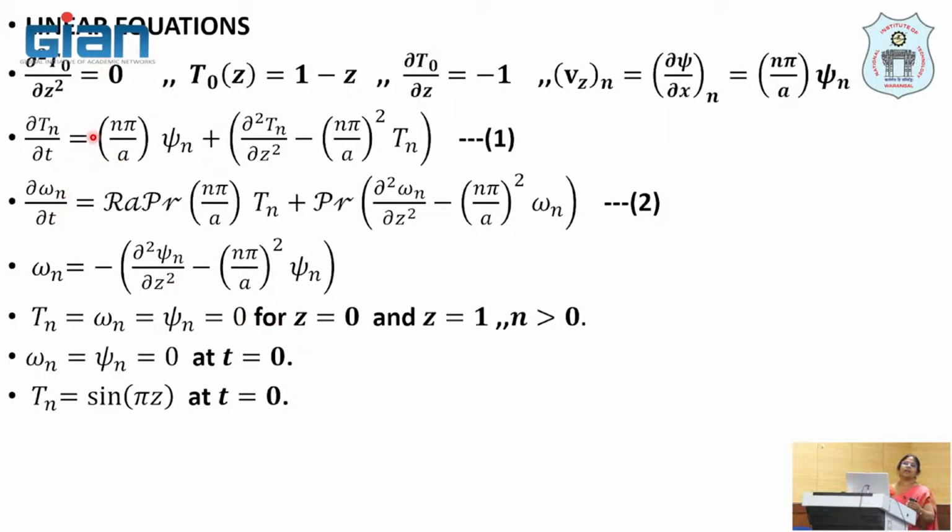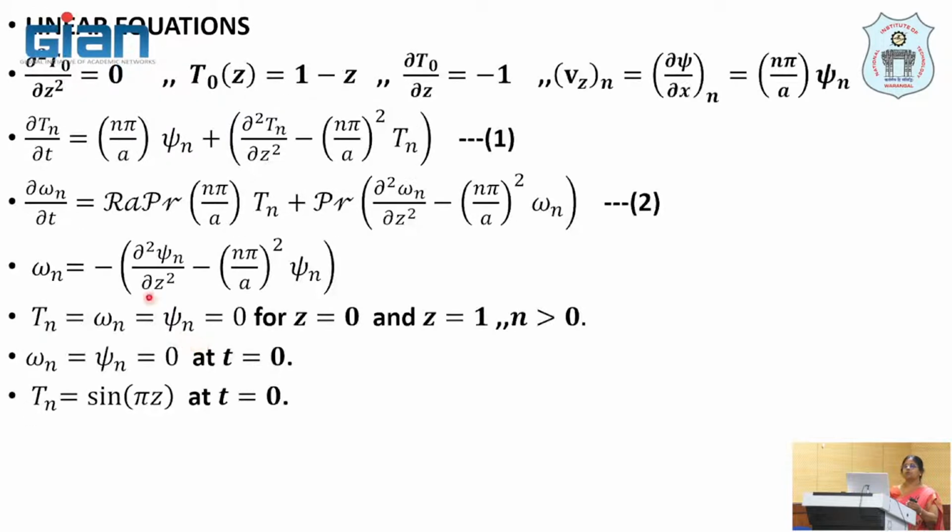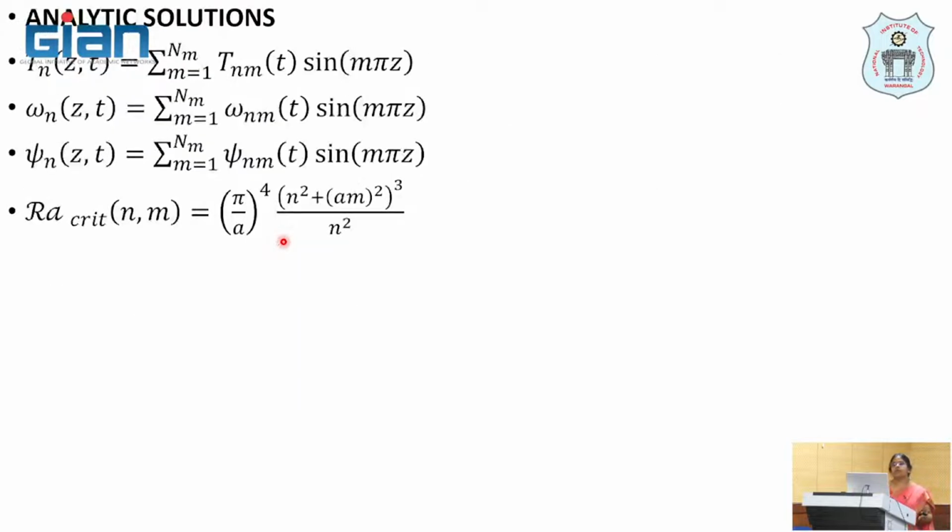Now the equations. By neglecting the non-linear terms, the equations are written here. These are the three equations I have already shown you, with the top and bottom boundary conditions. Up to this we are going to solve this and see the solutions.